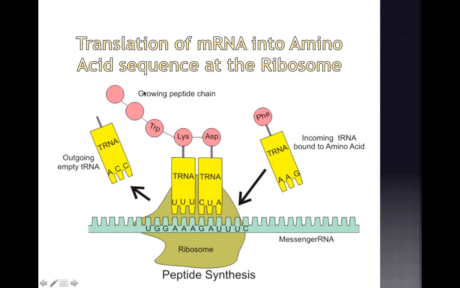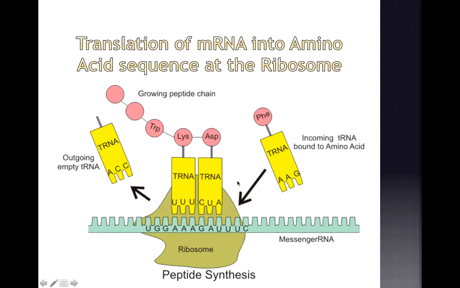Here we have another representation of the same thing. This is going in the other direction in the picture. I like this picture because it shows the ribosome in less detail, but it shows the messenger RNA and how the three nucleotides are matched.